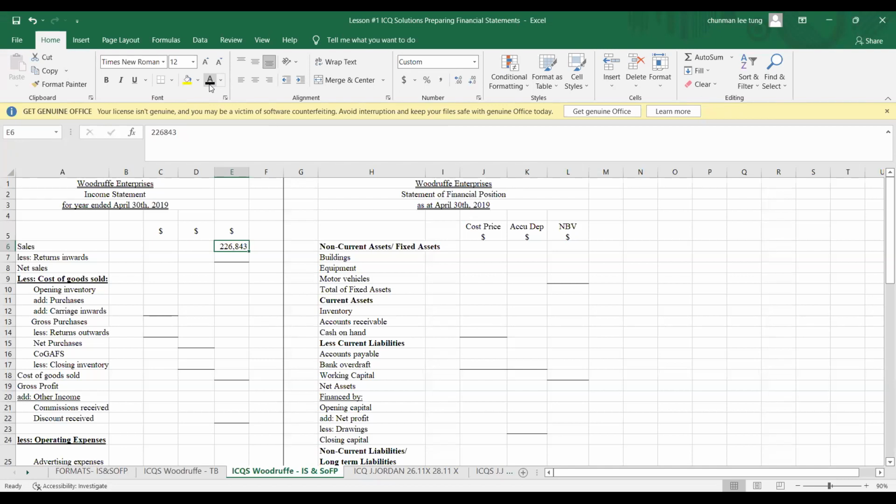tick it off. You will have prepared a trial balance correctly and was able to balance. Tick off your sales figure. So that means we would have accounted for it. So in case we don't balance and we don't see a sales figure, then we probably say, okay, we forgot to include the sales. So put a mark by sales, knowing that you would have accounted for it already.